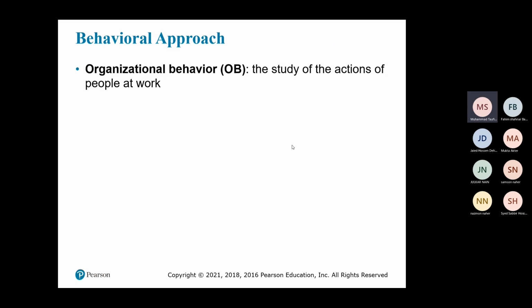That is the trigger why they started to study OB. It means that the organization has some influence on the behavior of the people. That's why some people behave differently when they are at work and when they are at home, because of the influence of the organization.